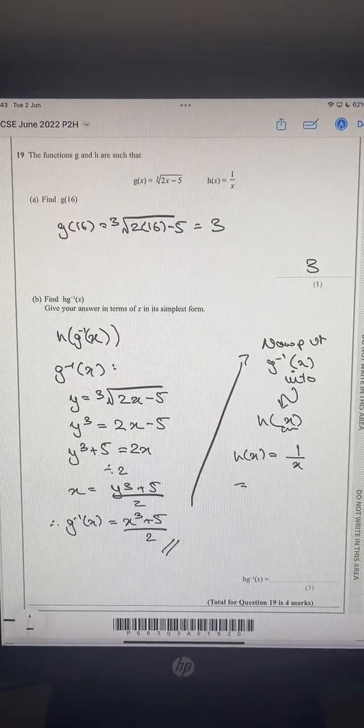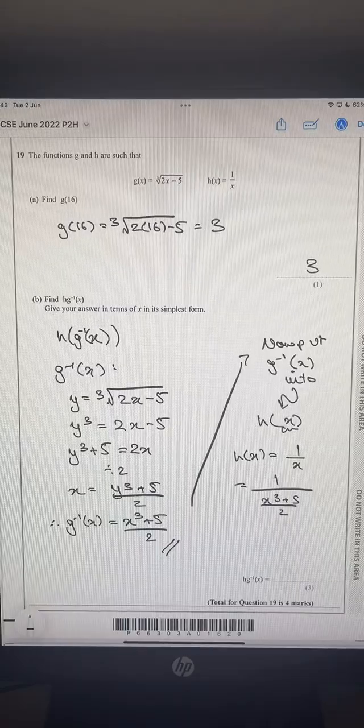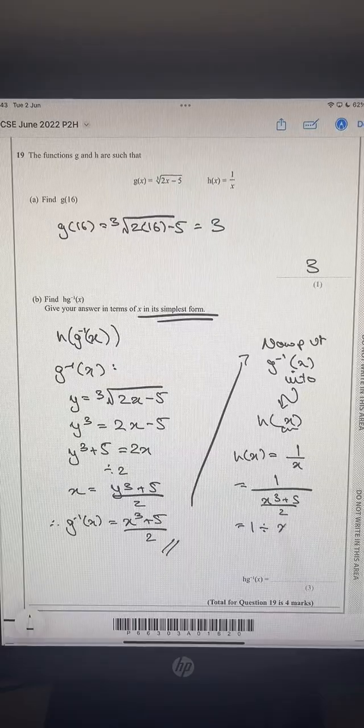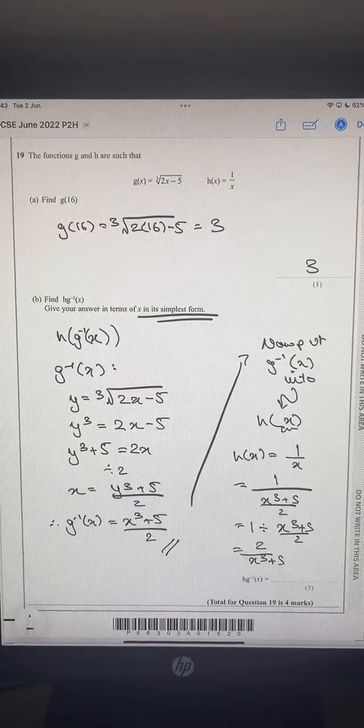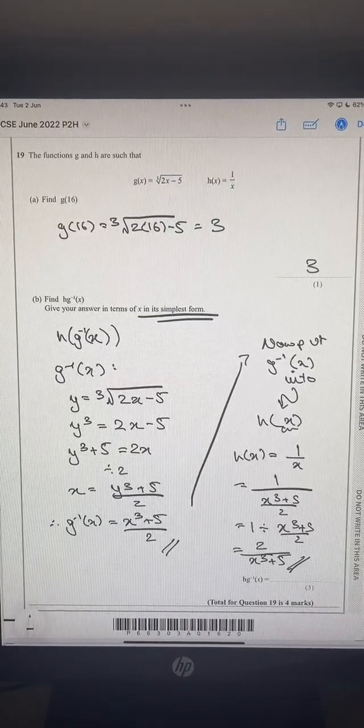So if x is equal to this big fat thing over there, it's going to be 1 over x cubed plus 5 over 2. And we need it in terms of x in its simplest form. So 1 over something, that's just doing the reciprocal. All you have to do is flip the fraction. And if it helps, it's like doing 1 divided by x cubed plus 5 over 2. You flip the second part, so you get 2 over x cubed plus 5. And that is your answer to part B for a nice little 3 marks.